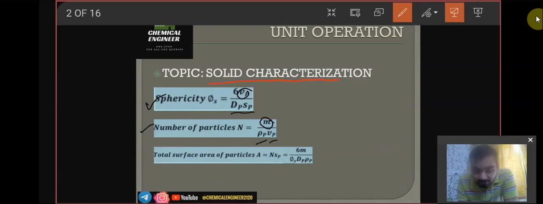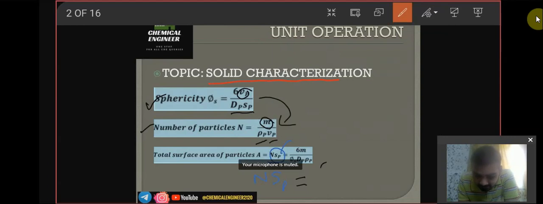Then we have total surface area. Total surface area is given as n into the area, so the surface area of one particle multiplied by the number of particles. Sp is the surface area of one particle, and n is the number of particles. So n multiplied by Sp will give you the total surface area of the particles. From the above two formulas, this will be 6 into m divided by phi s dp rho p.